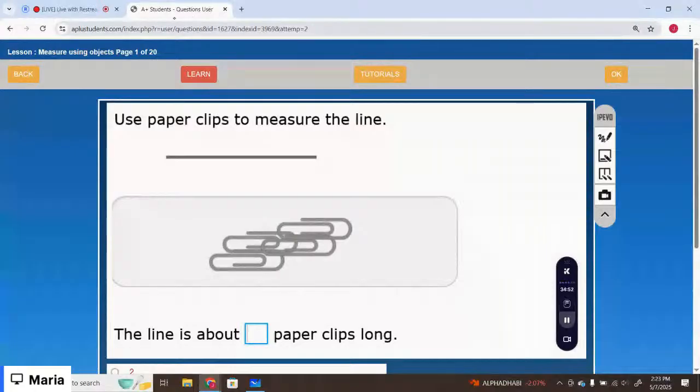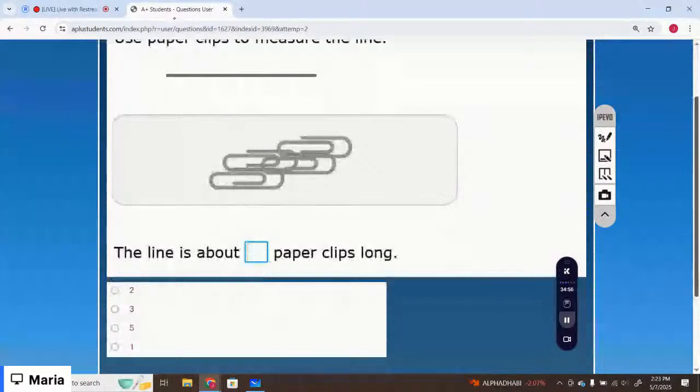Use paper clips to measure the line. The line is about how many paper clips long? You just have to keep the paper clips one after another. I think the line is about 3 paper clips long. The correct option is 3.